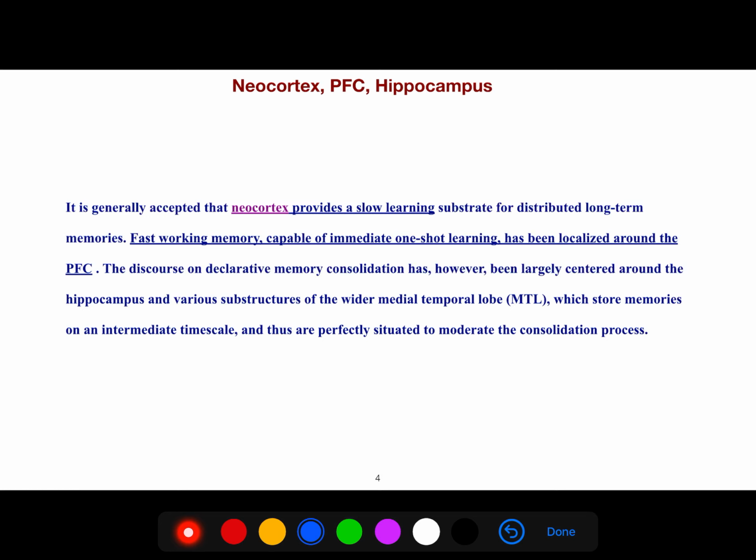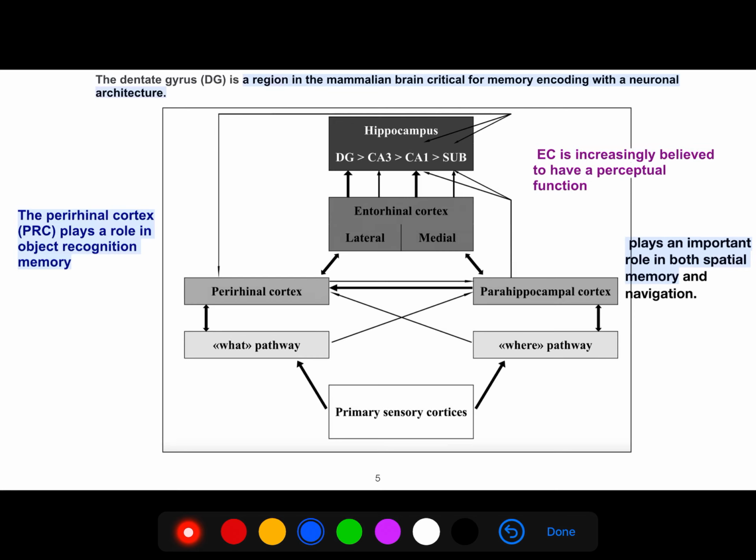The discourse on declarative memory consolidation has, however, been largely centered around hippocampus and various substructures of wider medial temporal lobe, which store memories on an intermediate time scale and thus are perfectly suited to moderate the consolidation process.